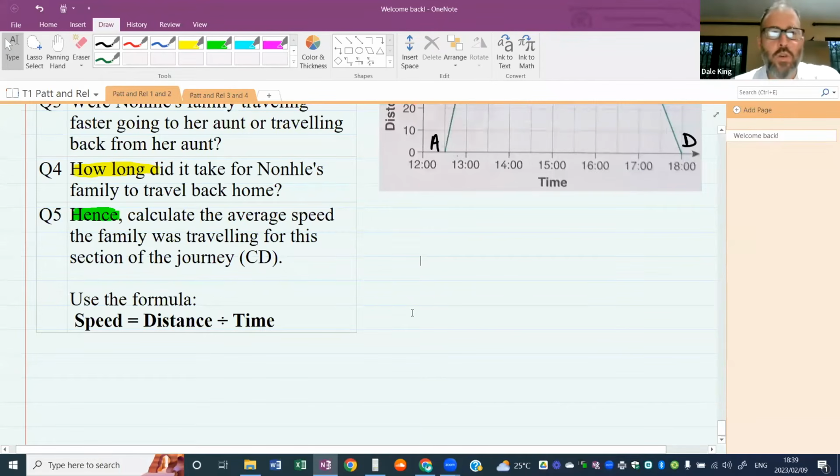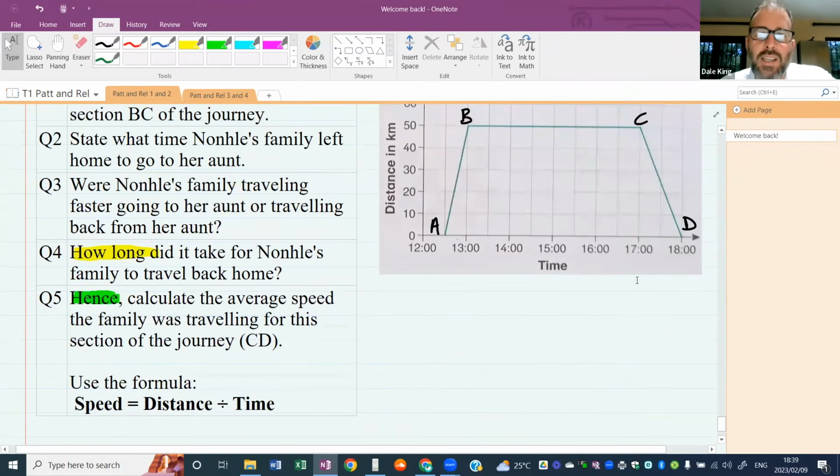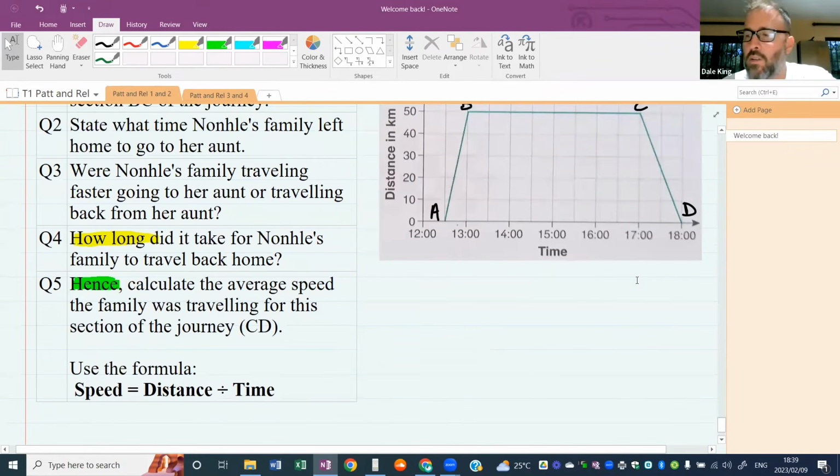You should have an answer for question 4. I'm going to give you about 4 minutes. You are going to use this formula, speed equals distance divided by time. Okay, and you're going to work out the speed that this family traveled for section CD of the journey. All right, off you go.